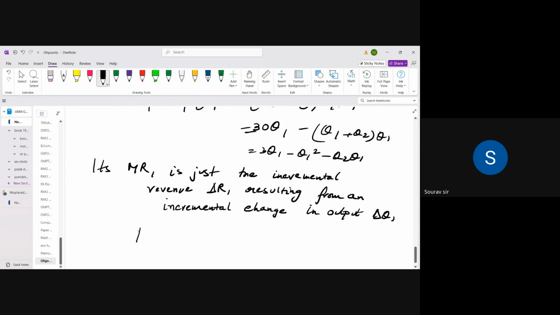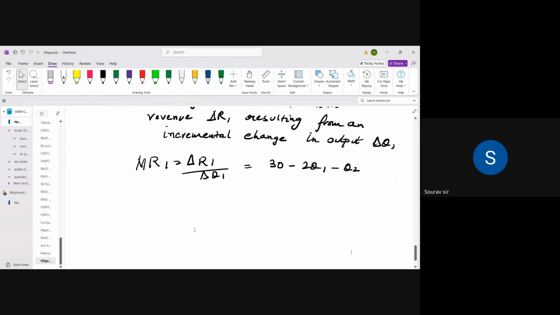So MR1 is del R1 over del Q1. That is 30 minus 2Q1 minus Q2, the differentiation. This is the way you note it down to solve the Cournot sums.